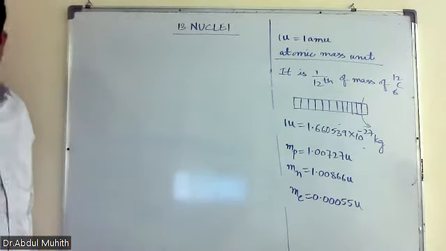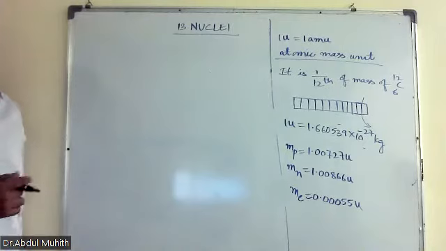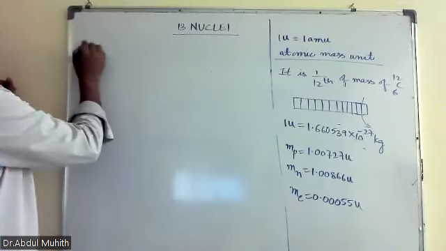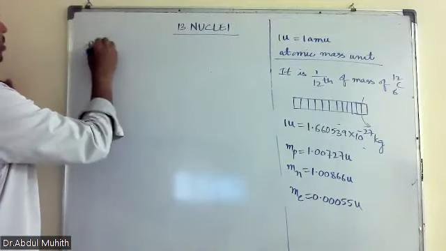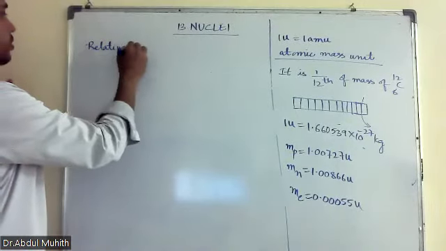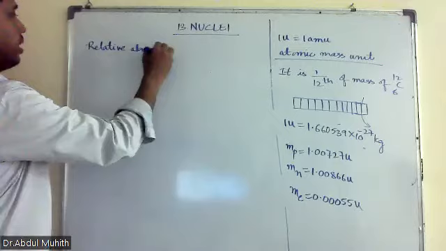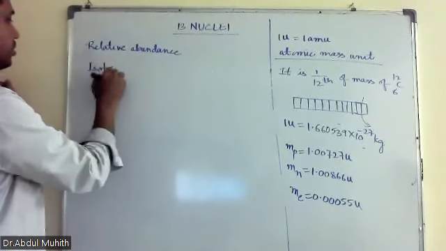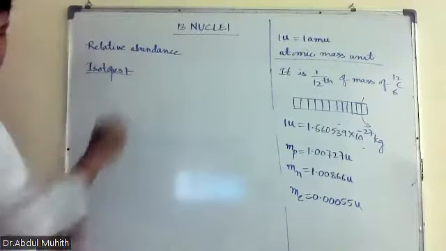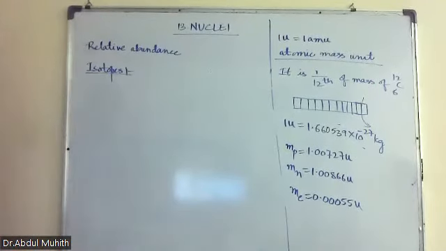Now here, for example, chlorine has two isotopes, and there is relative abundance. What are isotopes?